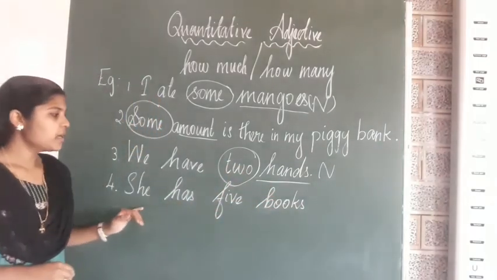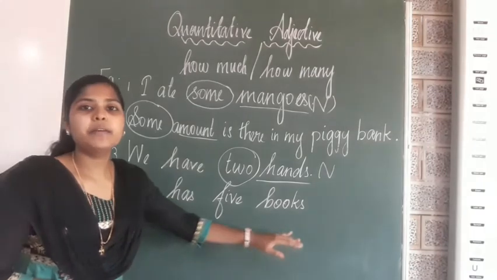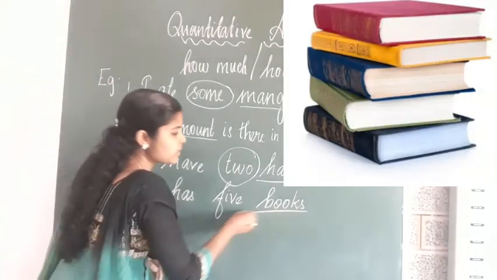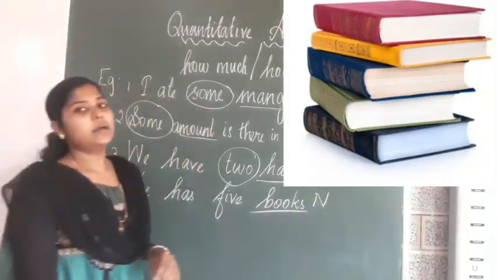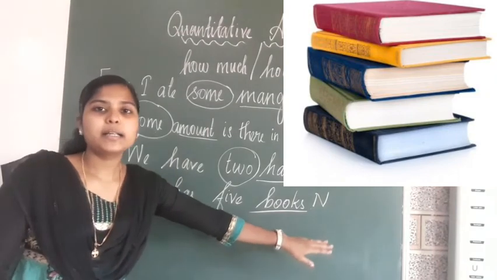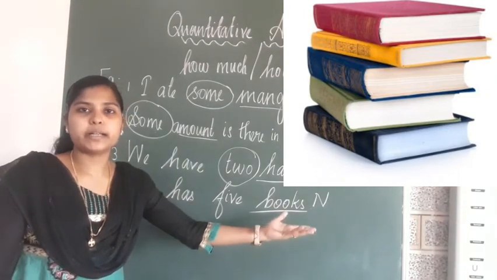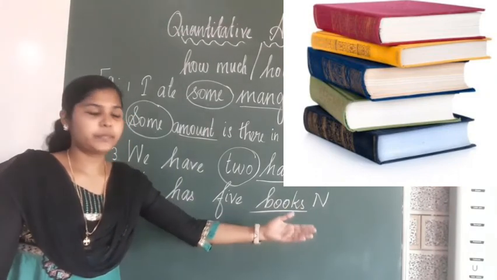Now, she has 5 books. Here books is a noun, isn't it? It's the name of a thing. It's a name of an object.